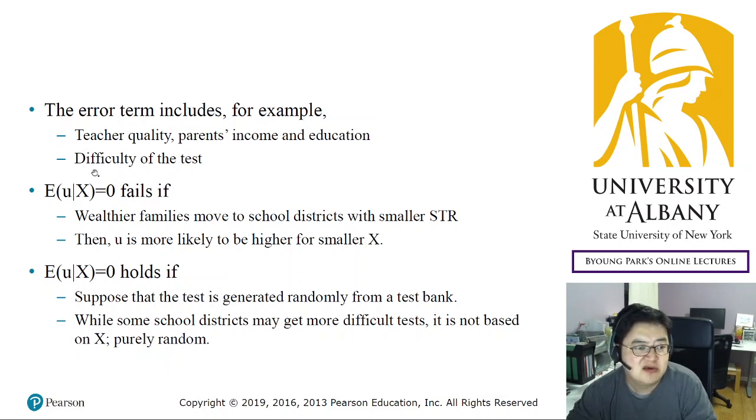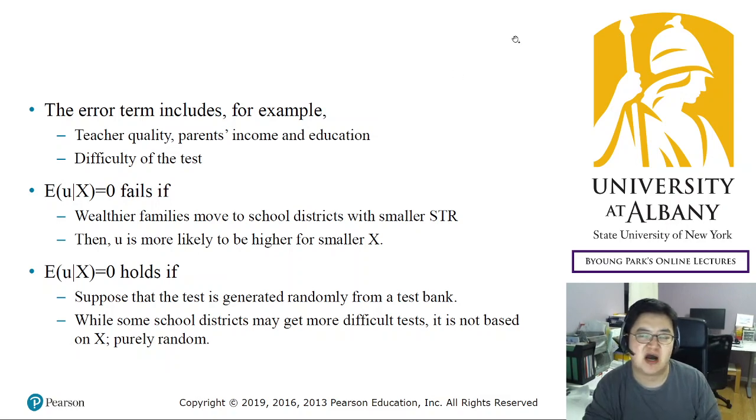On the other hand, if you assume that the error term only includes the difficulty of the test, so say some schools get easy questions, other schools get more difficult questions, that could also be possible. If you take this approach, then I believe the assumption will likely hold.